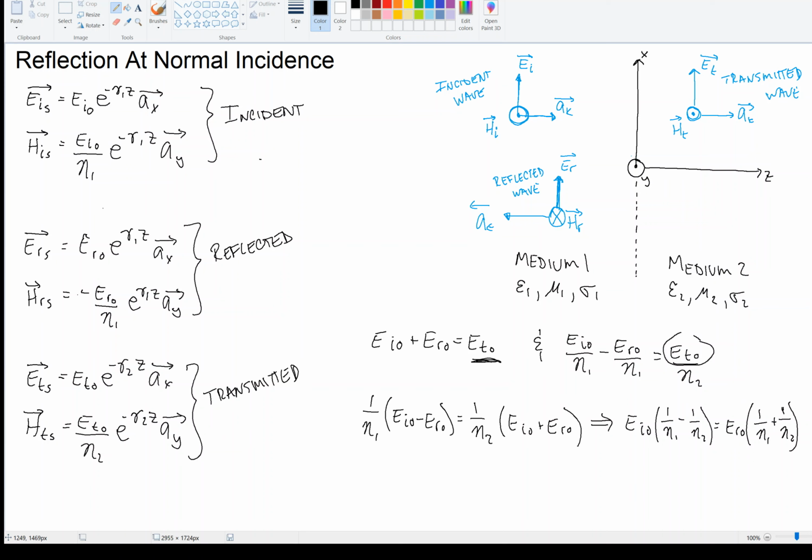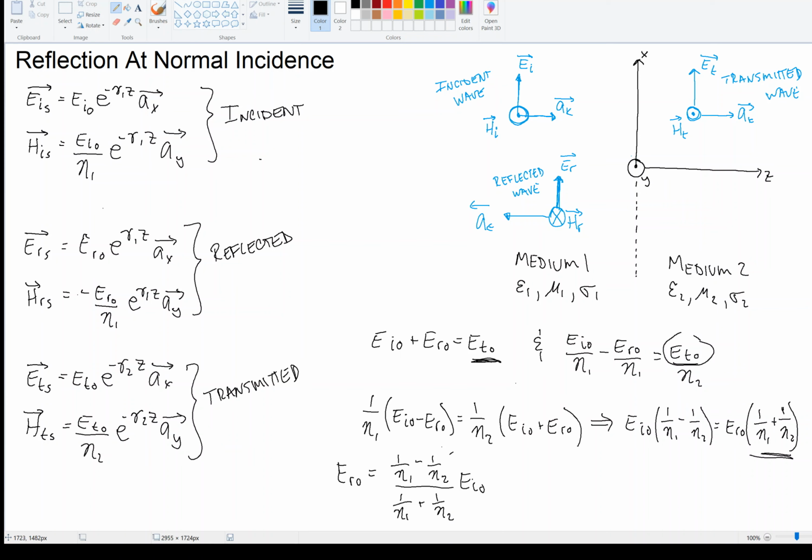And again, now let me divide by this thing here. Then I would have the reflected amplitude, which is what I want. I want to do this for the reflection and the transmission. So the reflected amplitude is this: 1 over eta 1 minus 1 over eta 2, over 1 over eta 1 plus 1 over eta 2, times the incident amplitude.